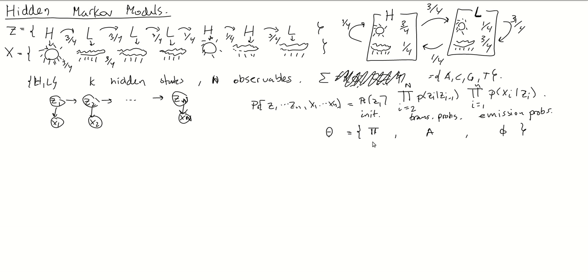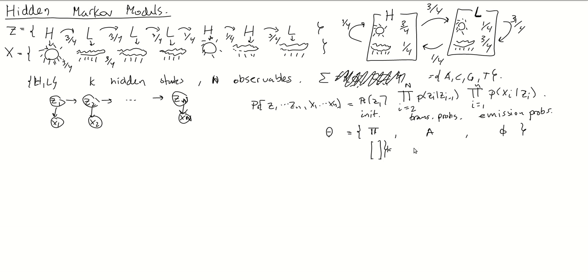So pi will be a k-dimensional vector. We'll have one probability for each possible hidden state. So if we had only high and low pressure, we would have a probability of starting at high pressure and a probability of starting at low pressure.